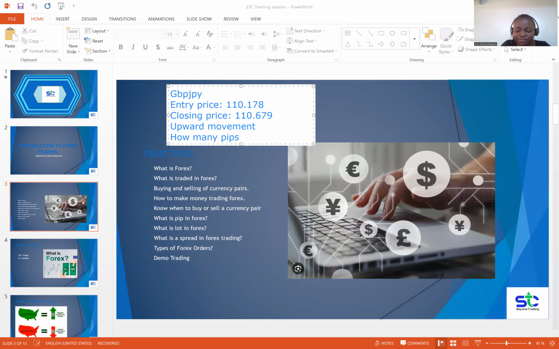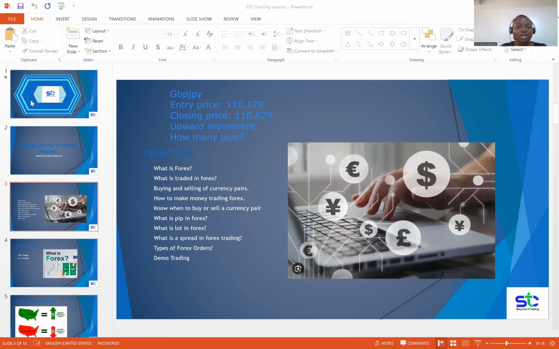Because remember, I said a pip is the measure of price movement within a given period of time. This shows us that price has moved, and now you want to know to what extent. So you do the calculation. Remember, the higher value comes first, like a mathematical calculation.